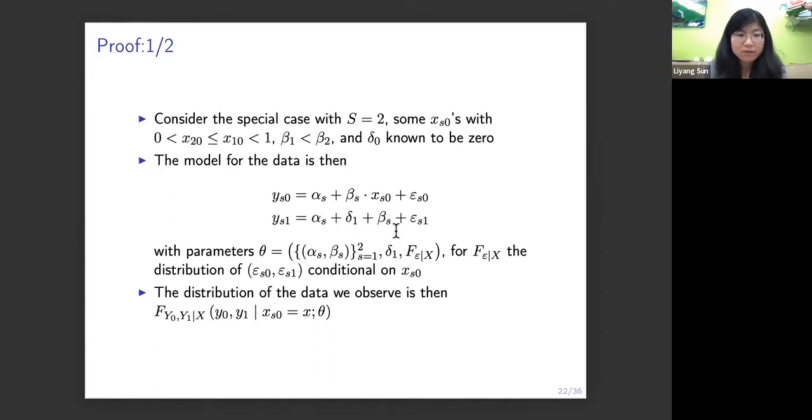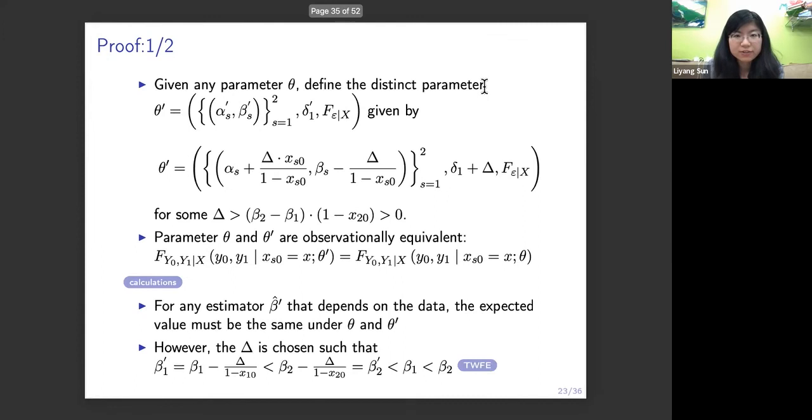Then the distribution of the data we see, which is just Y_st, is going to be characterized entirely by these parameters, together with the distribution of the idiosyncratic errors conditional on the exposure X. But what's special about this case is that we can actually write out a model with a different set of parameters, say theta prime, so that we would actually get the same distribution of the data.